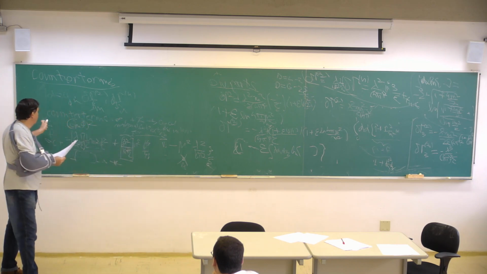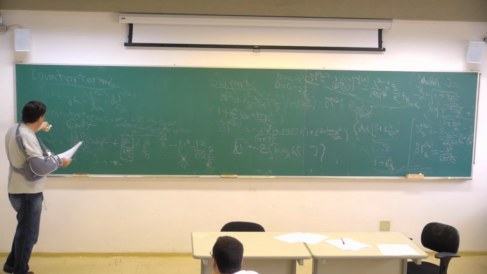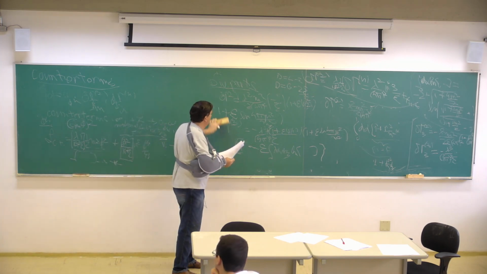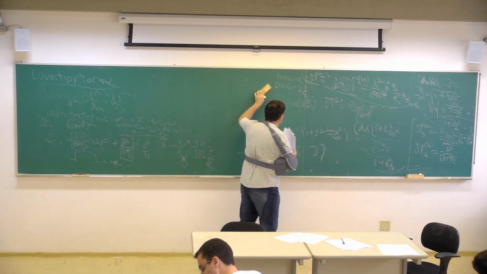All right, so as I said, here it doesn't have wave function renormalization, but that's why I gave the example of phi cubed, because it does have wave function renormalization.